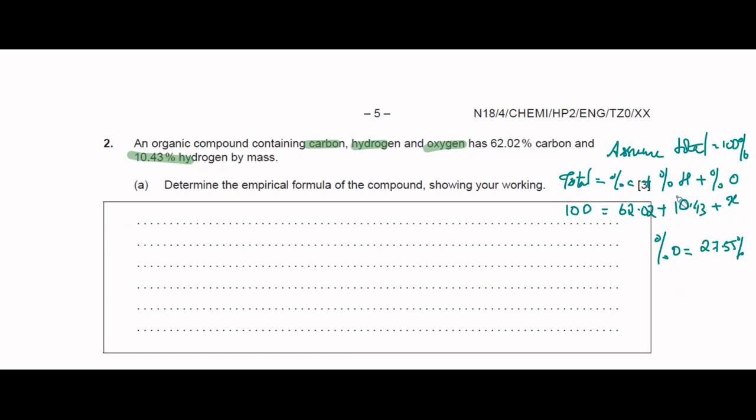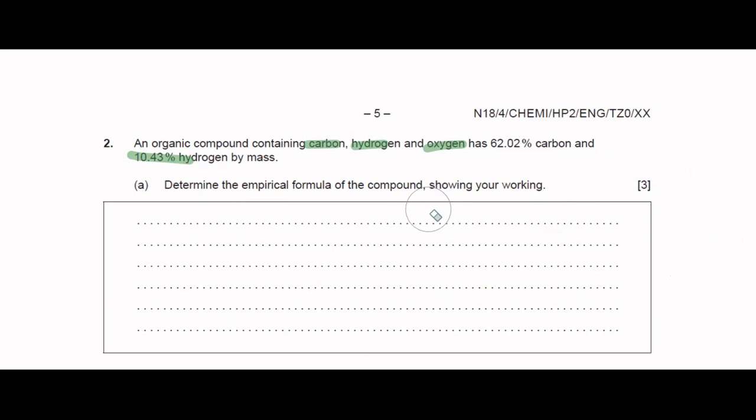So assuming the total to be 100, we can calculate the percentage of oxygen by subtracting the values of the other two elements. Now, determine the empirical formula of the compound showing the working.